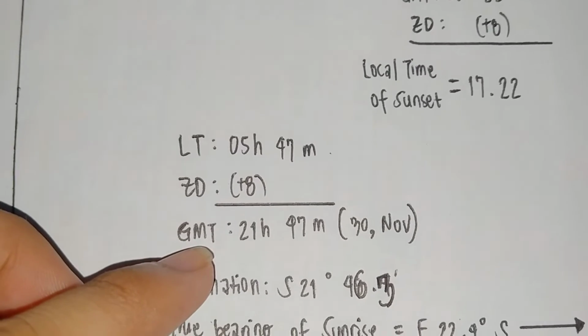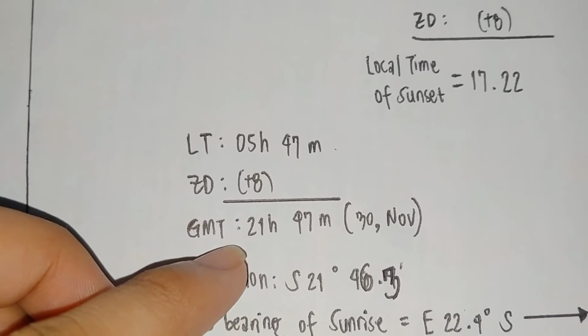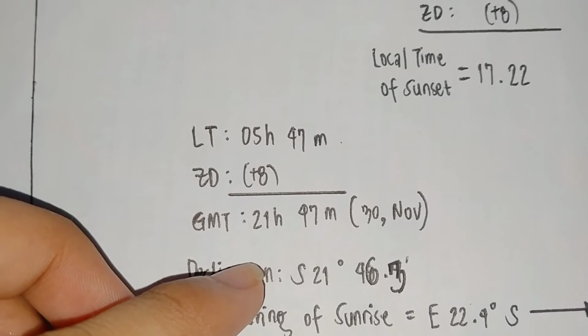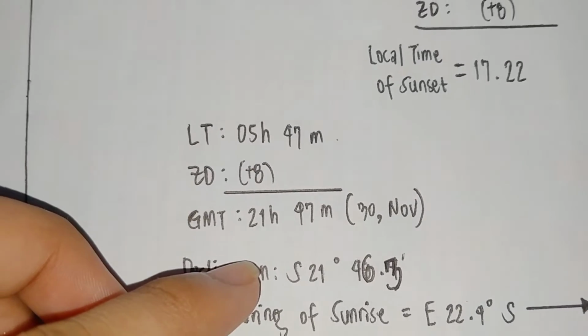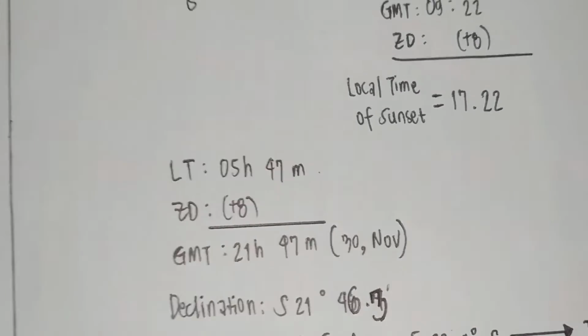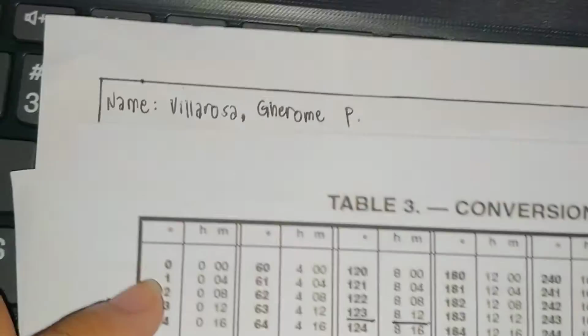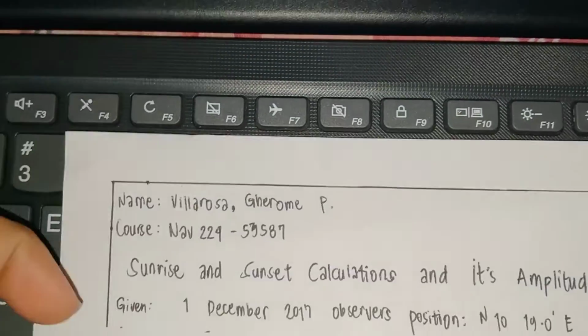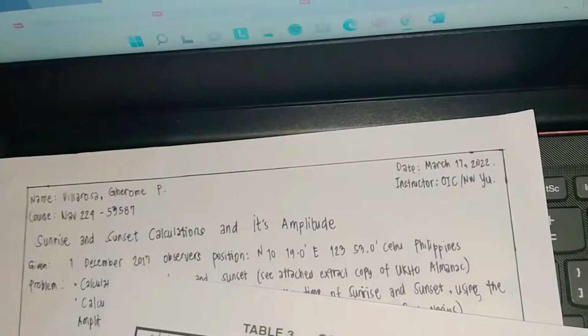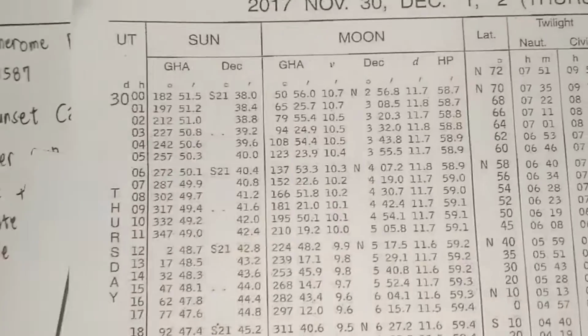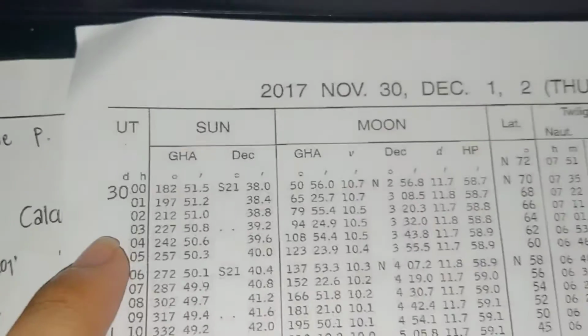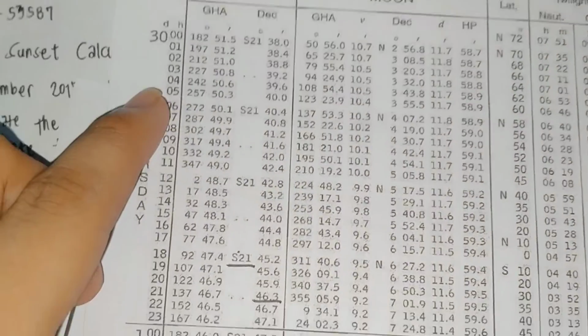So we have to find our GMT. Our GMT, we did add it, and it is 21 hours and 47 minutes on the 30th of November. So since it is on day 30, we will find it on November 30.